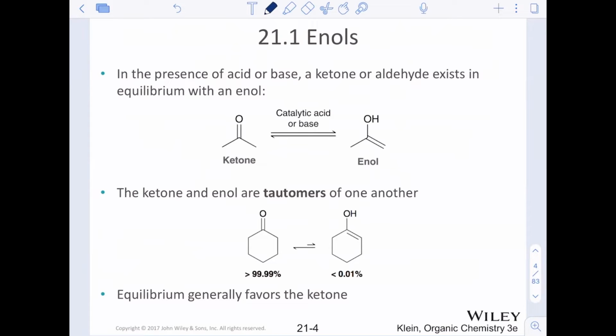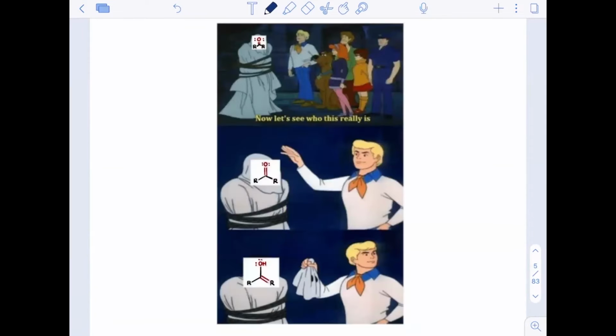This is typically more stable over here on the ketone side. And that's due to the carbon-oxygen double bond being more stable than the carbon-carbon double bond. However, they are in equilibrium. Both are present in a sample of ketone or aldehyde, all right?